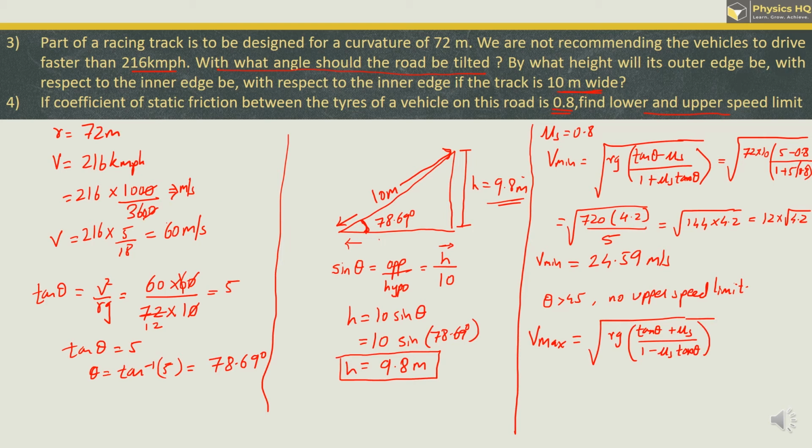So over here if you put the value of mu s as 0.8 and tan theta as 5, we will get this as how much? 4, and 1 minus 4 will be a negative number, which will be minus 3. So the root of, we don't have root of negative numbers. Those are not real numbers, those are complex numbers. Okay, so that is out of our bound. So from this we should note that for theta greater than 45, we can directly say that there is no upper limit. Okay, so let us go ahead with the next sum.